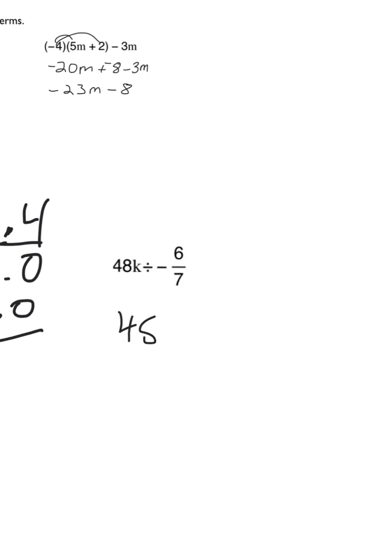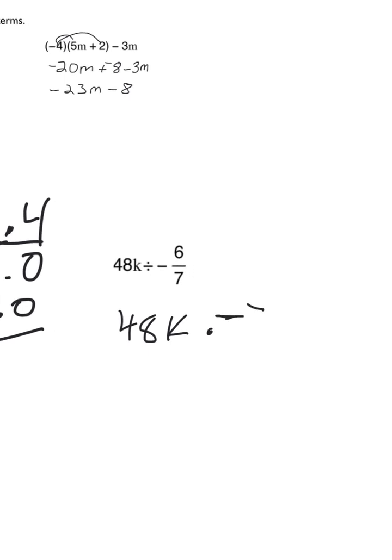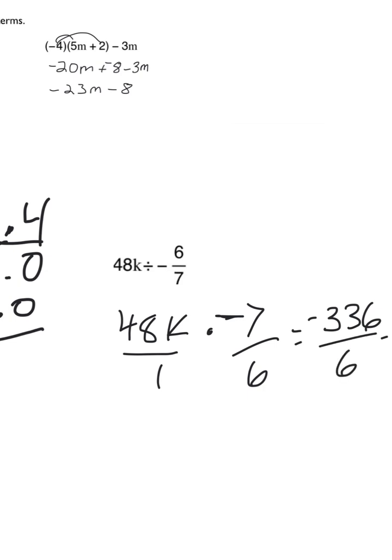So I'm going to just rewrite it. 48k times negative 7 over 6. Put that over 1. So 48k times negative 7 is negative 336 over 6.